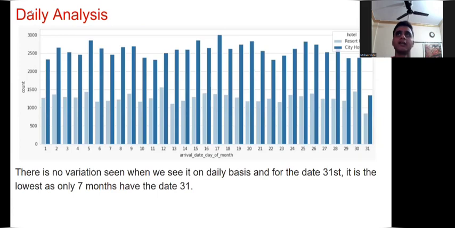For daily analysis, we can see that there is not much variance or variation in the values. But for the 31st, there is a slightly lower count, because only 7 months, like January, March, etc., have the 31st date. So that's why it should be less.